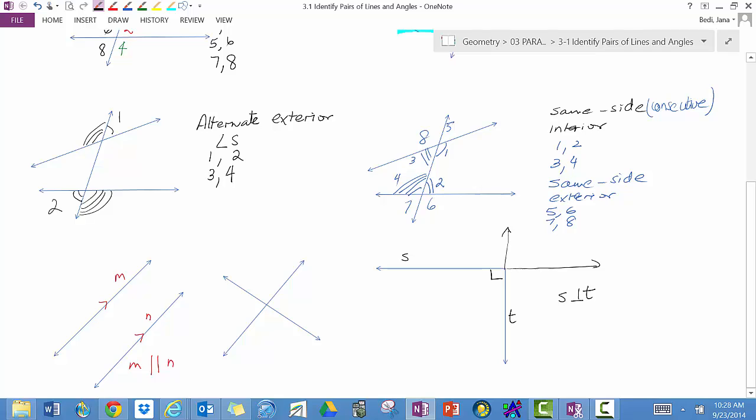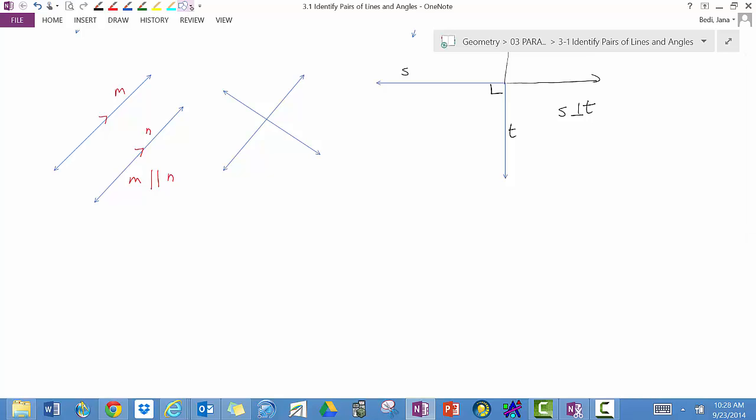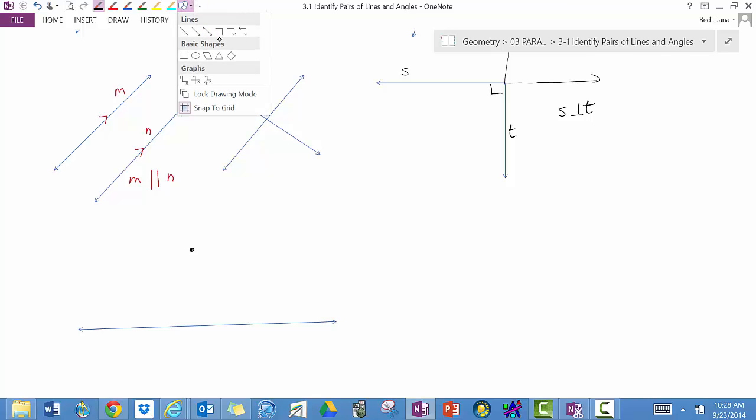So S is perpendicular to T. The parallel postulate states that if there is a line, and there is a point that is not on the line, then there is exactly one line that goes through the point is parallel to the given line.